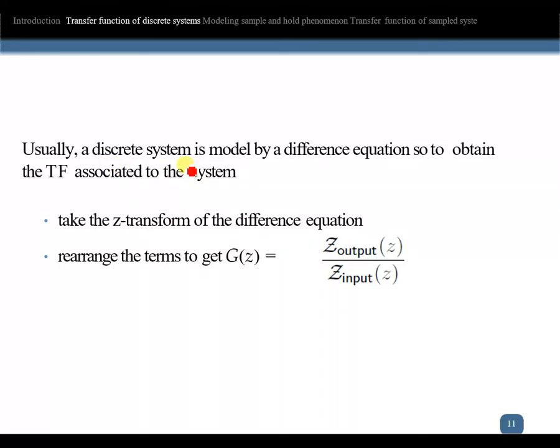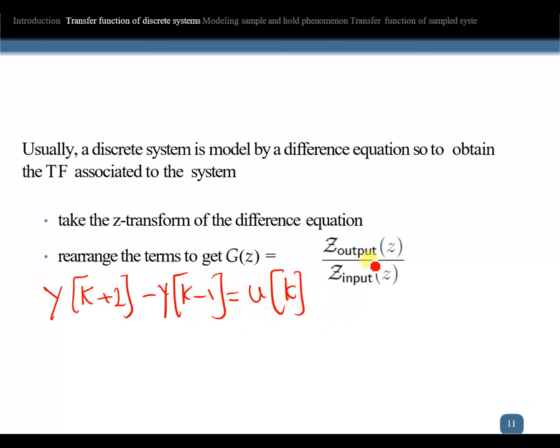Usually a discrete system is modeled by a difference equation. That means we take the Z transform of the difference equation, rearrange the terms, then you find the Z output over Z input. I give an example: y(k plus 2) minus y(k plus 1) plus y(k) equal to u(k). y(k) is the output, u(k) is the input.